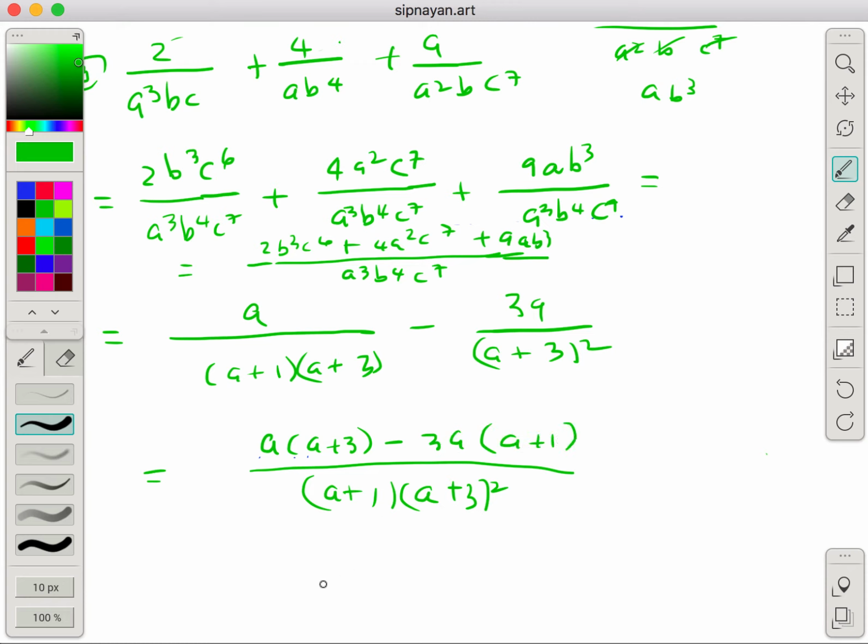No? So, I'll just simplify. Magiging A plus 1 times A plus 3 squared. So, i-distribute ko yan by distributive property. We have A squared plus 3A and then minus 3A squared minus 3A. No? Gets niya?